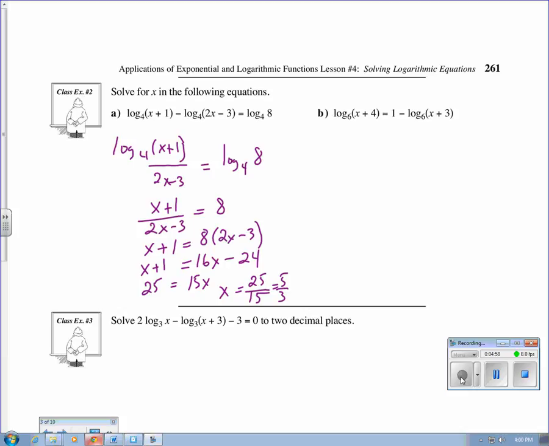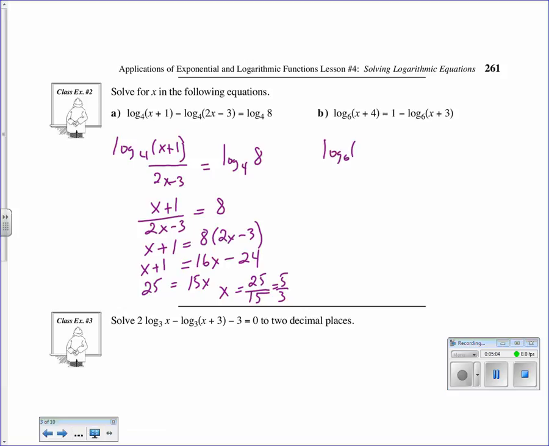I think I'm going to leave the 1 on the right-hand side and move the log base 6 of x plus 4 plus log base 6 of x plus 3.